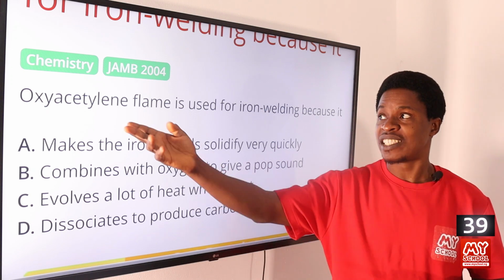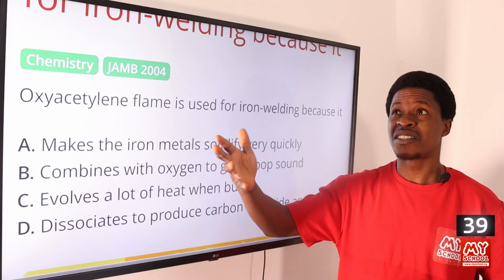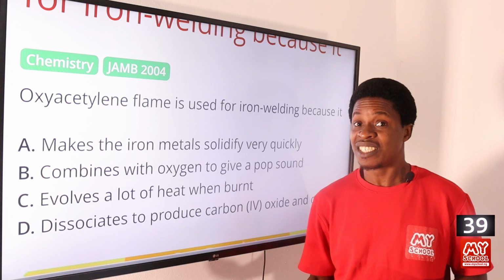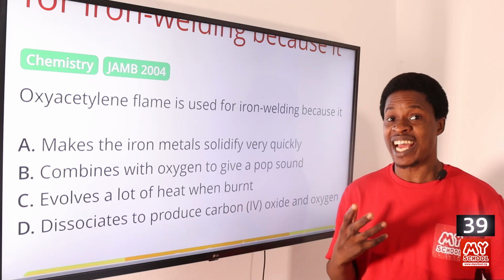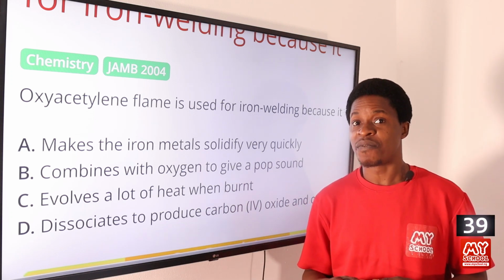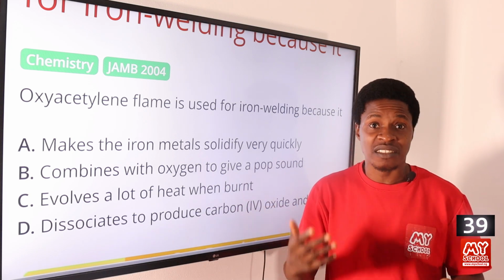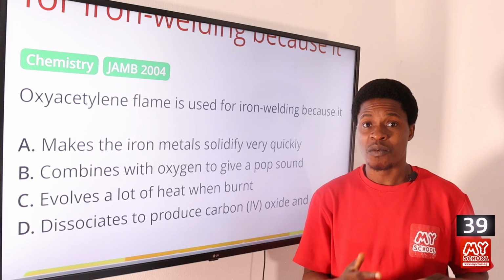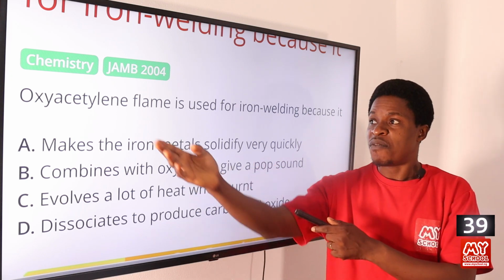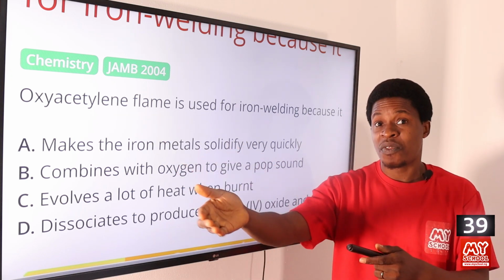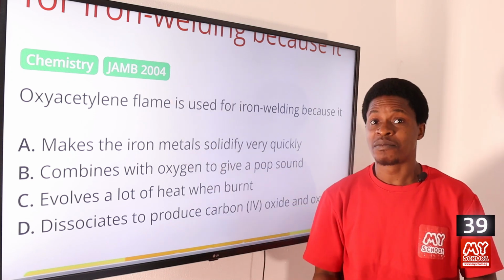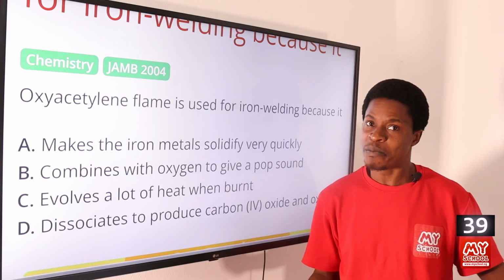You can imagine oxyacetylene flame having a temperature of about 3100 degrees Celsius. Of course, that kind of temperature can melt steel. Steel melts at just about 1500 degrees Celsius or thereabout. So you have a flame that is over 3100 degrees Celsius. Of course, it will melt steel.